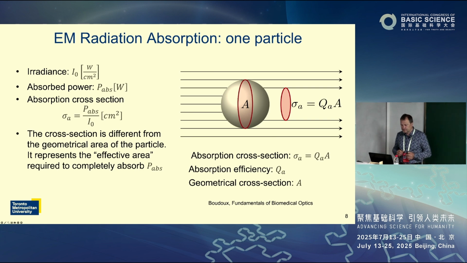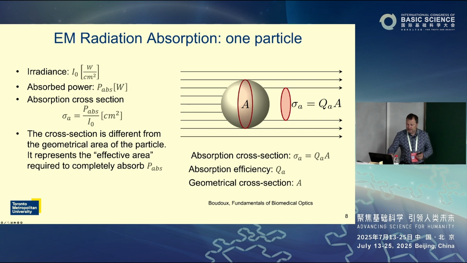And the overall absorption cross-section is a product of absorption efficiency, or probability actually to be absorbed, and geometrical cross-section.